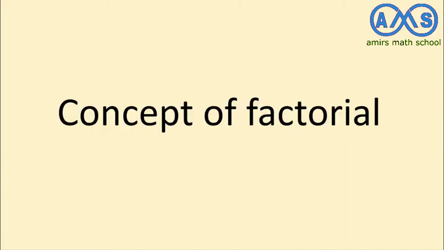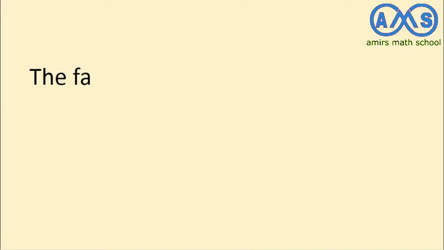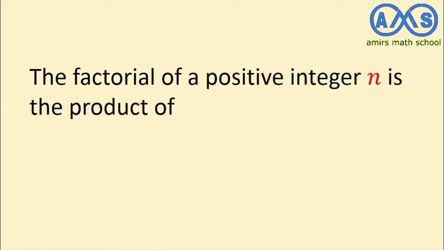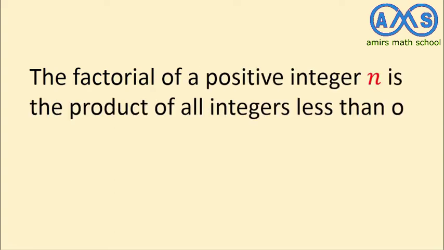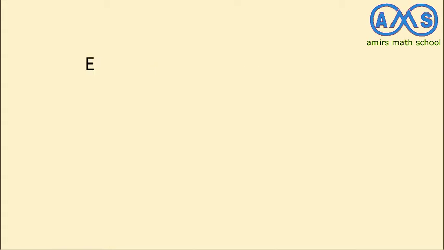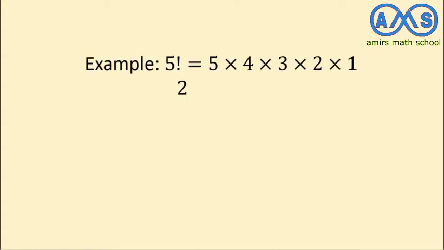Now, the concept of factorial. The factorial of a positive number n is the product of all integers less than or equal to n. And the factorial of n is denoted by this notation, n factorial. For example, 5 factorial equals 5 into 4 into 3 into 2 into 1. That is from 5 to 1, the multiplication of all integers.